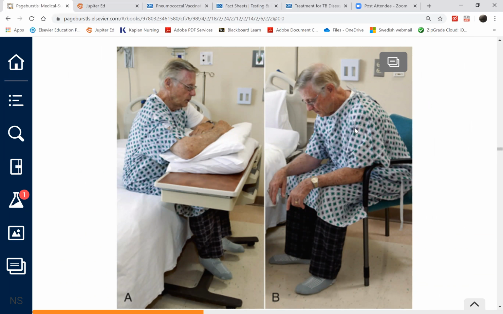So this is the tripod position. Okay, this is common in COPD patients. Another, right here, tripod position. Okay. So they automatically assume that. I mean, nobody taught them to do this. They just figure it out by themselves. They figure that, oh, I feel better when I sit like this.